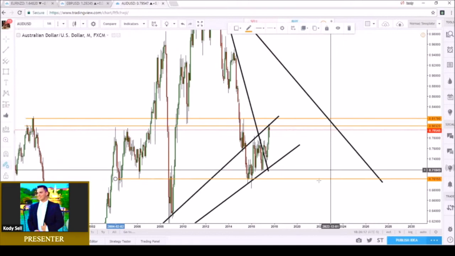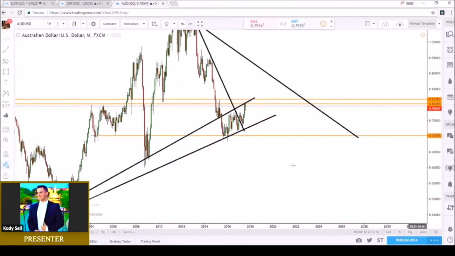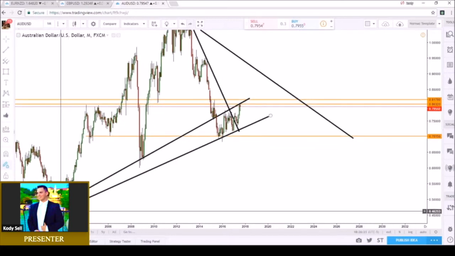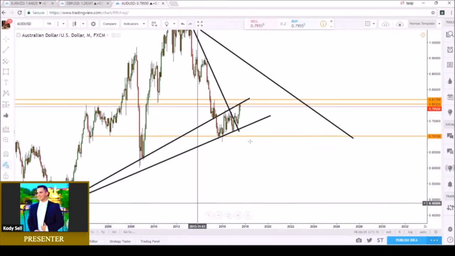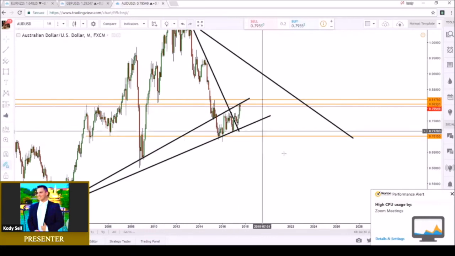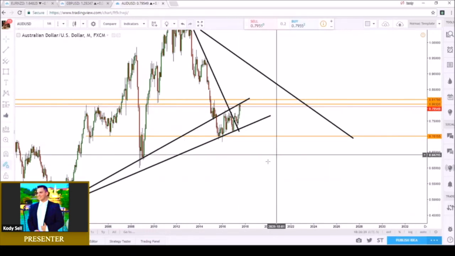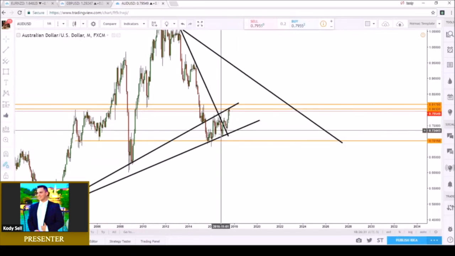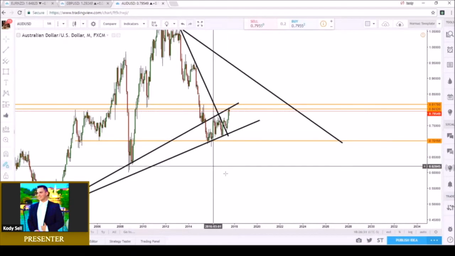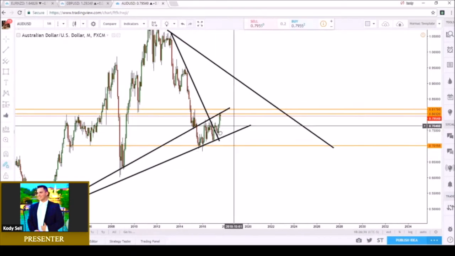And when we flew down originally after breaking this ascending trend line, we formed another trend line here as a progression for a support. So we had 1, 2, 3 other bounces from this level.